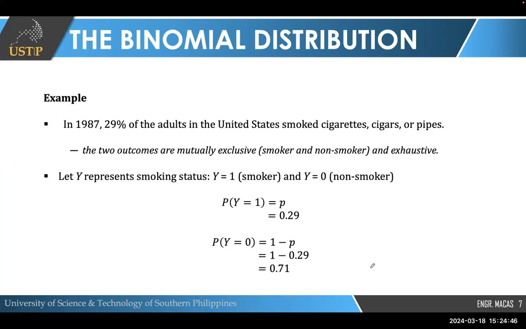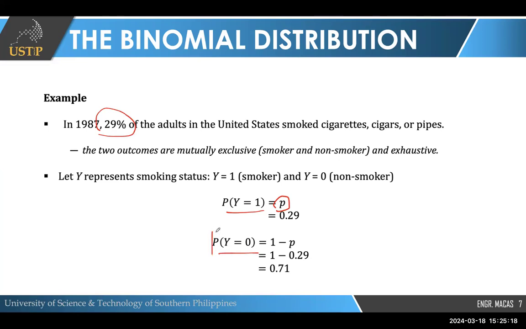So if we get the probability of y is equal to 1, that is the probability that the adult is a smoker, from the data that we have in 1987. So it is 29%. So basically that is your proportion of smokers with respect to the total population. So the probability will be 0.29, or 29%.